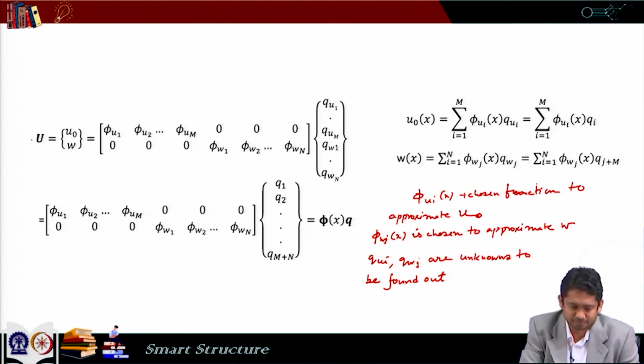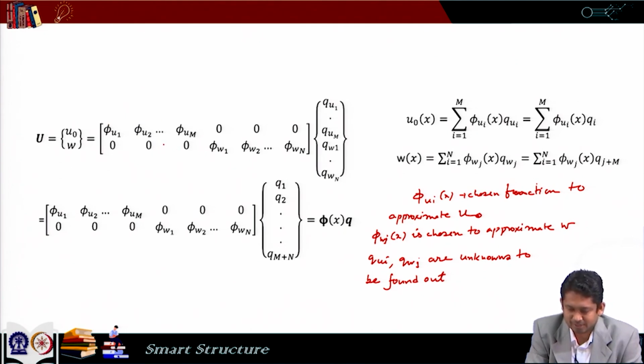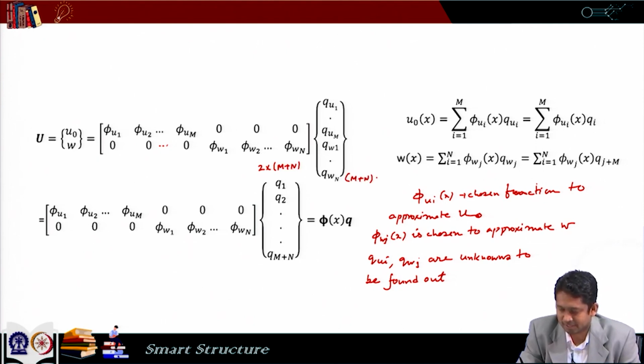Now, we can write a vector u which has u 0 and w, and then we can write it in terms of these phi's and these q's as this. Here we have first m terms which is populated with these q u's, and then rest of the n terms are 0, and here we have first m terms 0 and then rest of the n terms populated with these q w's. So, this is of size 2 multiplied by m plus n, and this is of size m plus n multiplied by 1.